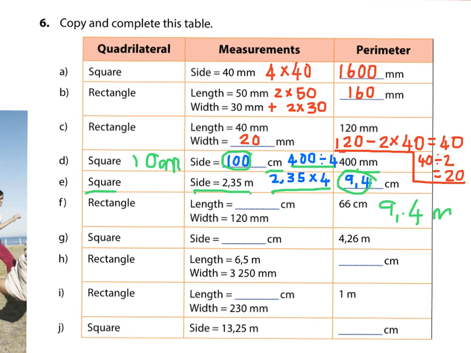So we're going to move this decimal 2 places to the right, and our answer is going to be 920 centimeters. Try the rest of this exercise on your own, complete the table, and watch out for your units as you go. When you're finished tomorrow, you can mark your work according to the memo.